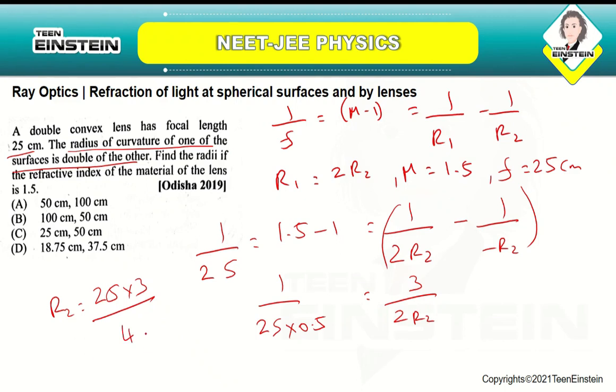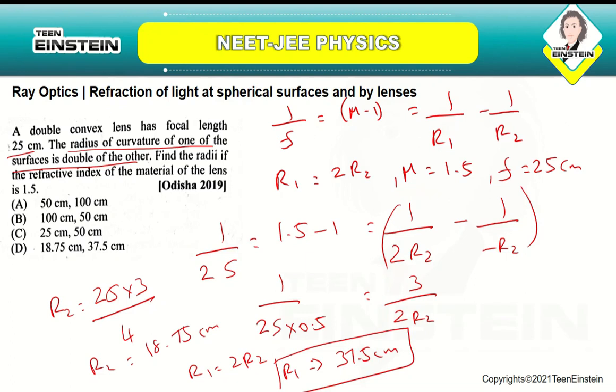So r2 will be 18.75 centimeters, and r1 will be 2 r2, so r1 is equal to 37.5 centimeters.